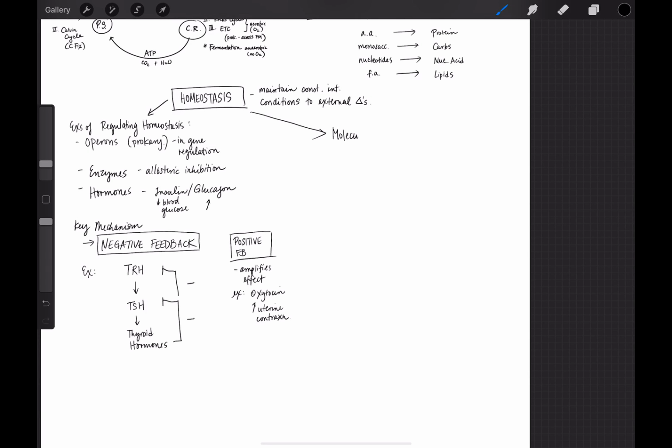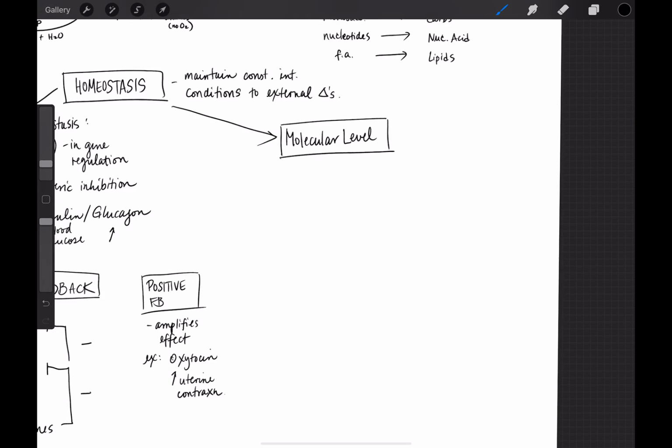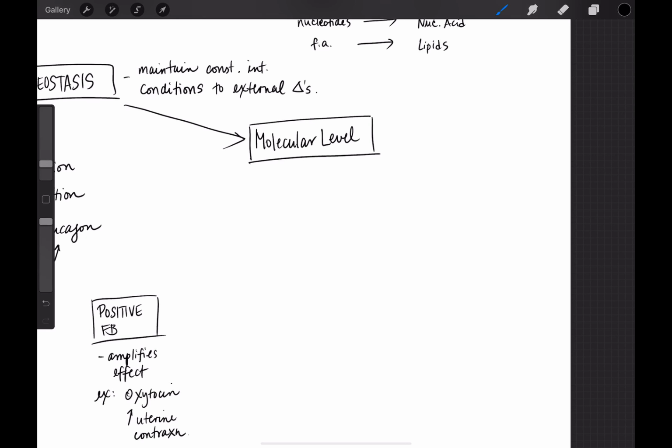Okay, moving on. Let's look at homeostasis at different levels, starting with the molecular level. When we're looking at the molecular level, it's all about enzymes. So enzymes, remember, need optimal conditions. So that's why it's super important to maintain homeostasis of their environment. Otherwise, they don't work well.